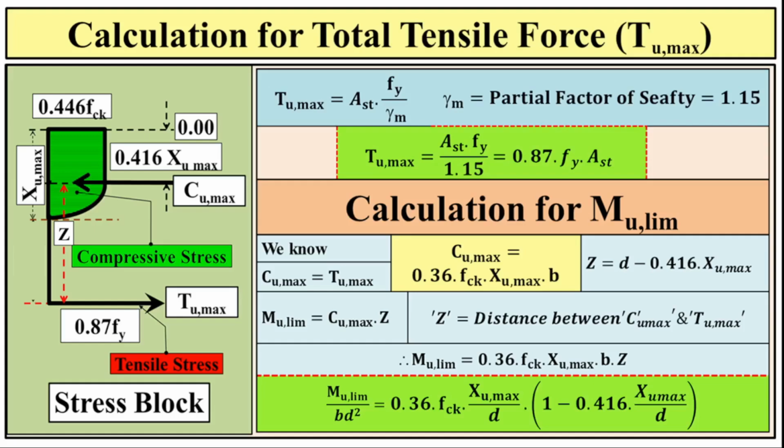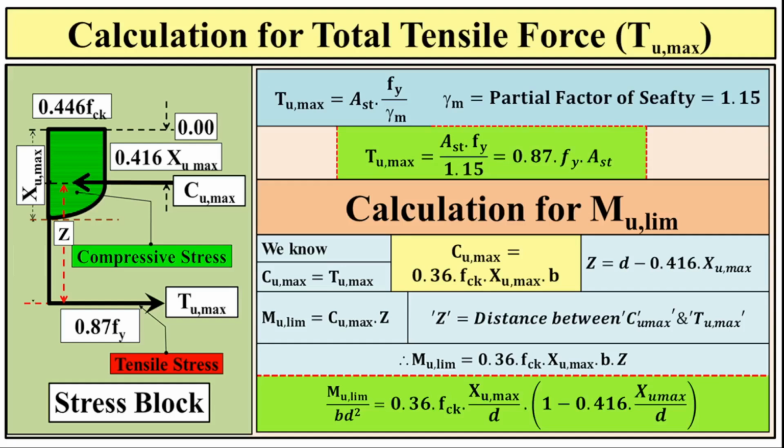Z equals D minus 0.416 xu max, where D is the effective depth of the section. The limiting moment of resistance, Mu lim, can be expressed as Mu lim equals Cu max into Z.